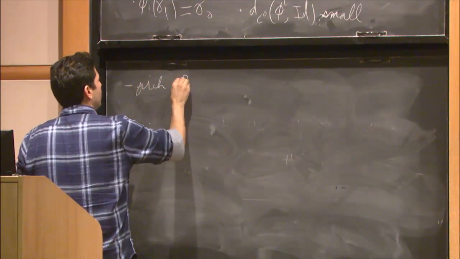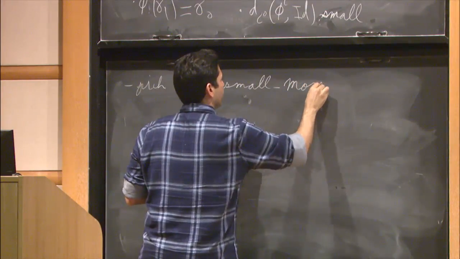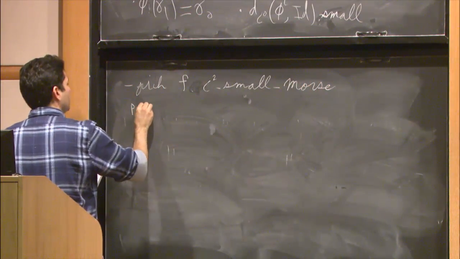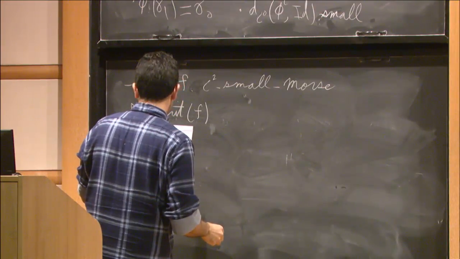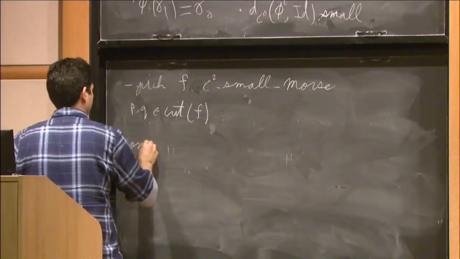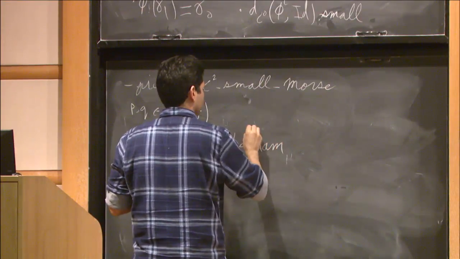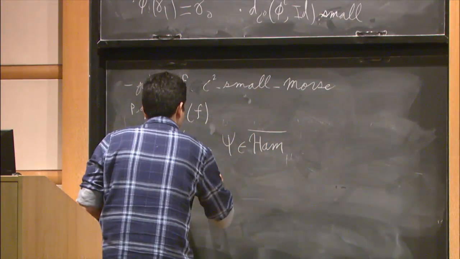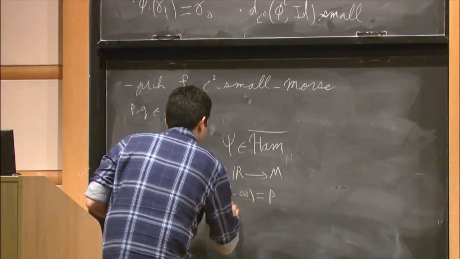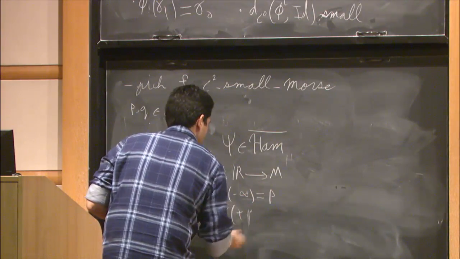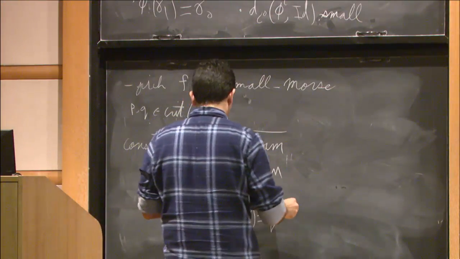So let's pick F to be C2 small Morse, and P and Q to be two critical points of F. What I'll do for you is construct a Hamiltonian homeomorphism, or just something in the closure of Ham, so we won't prove that, and a curve gamma from R to M such that at the two ends, if you compactify it, you get a compact arc from P to Q, the two critical points of F, and additionally it has this property.